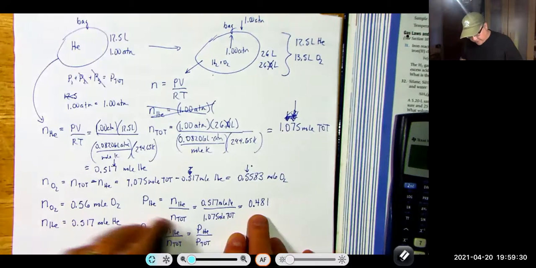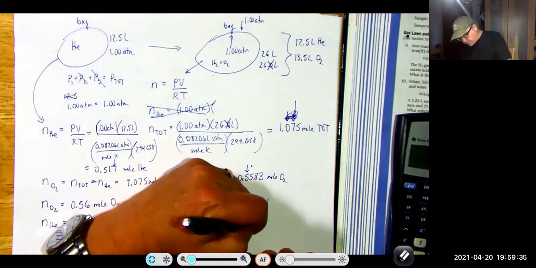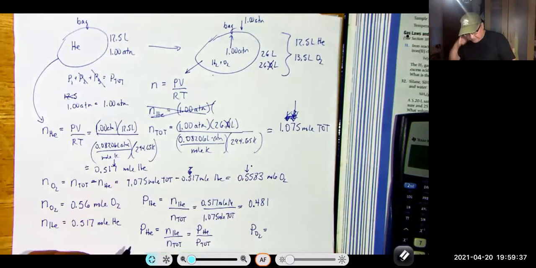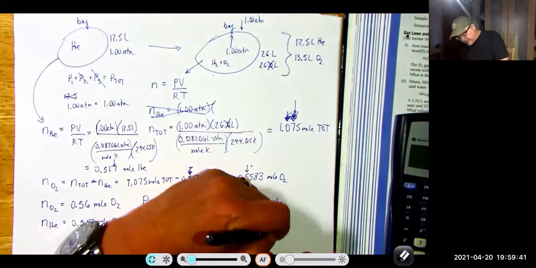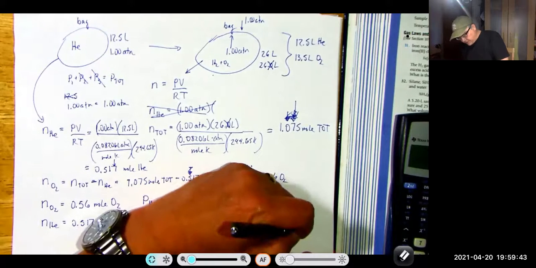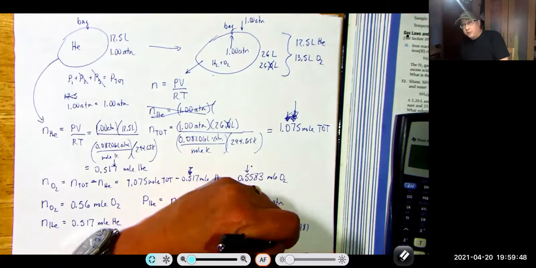The partial pressure of helium is 0.481. So naturally, the partial pressure of O2 is going to be 1 atmosphere minus 0.481, which is 0.519 atmospheres.